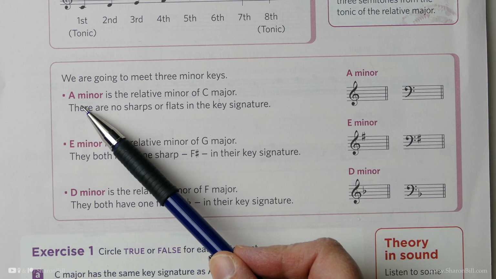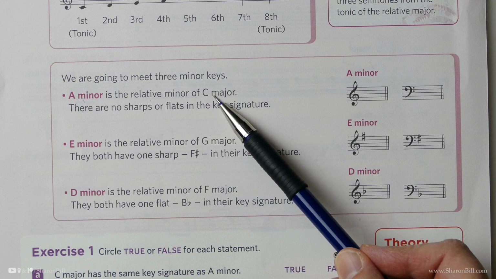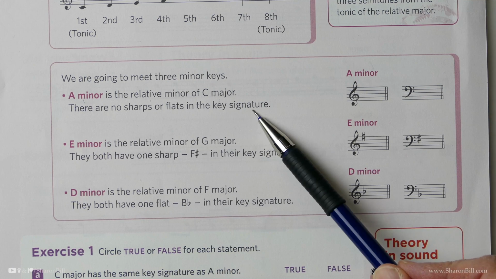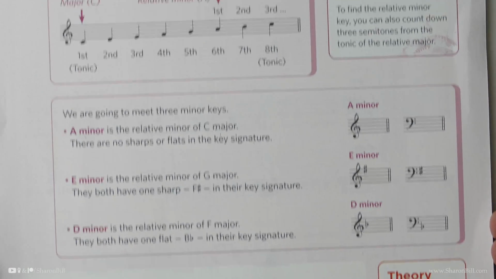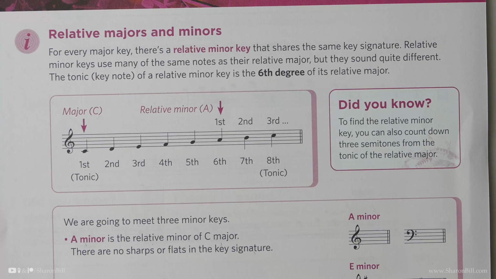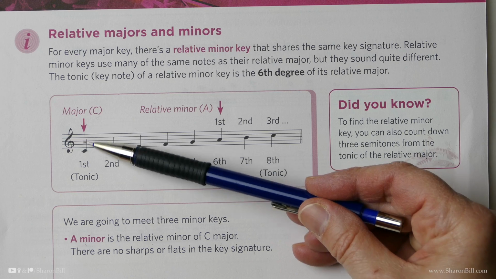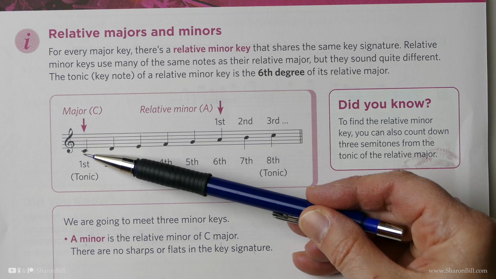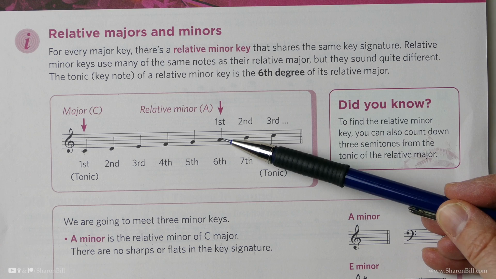So we need to learn that A minor is related to C major and that neither of them have a key signature. There are lots of little ways in which you can revise those or use little systems to help you to remember. For example, in C major, the related key A, we can see is the 6th degree of the scale.